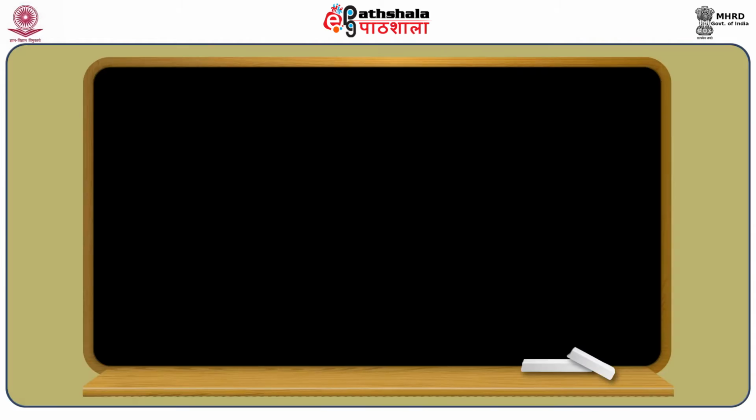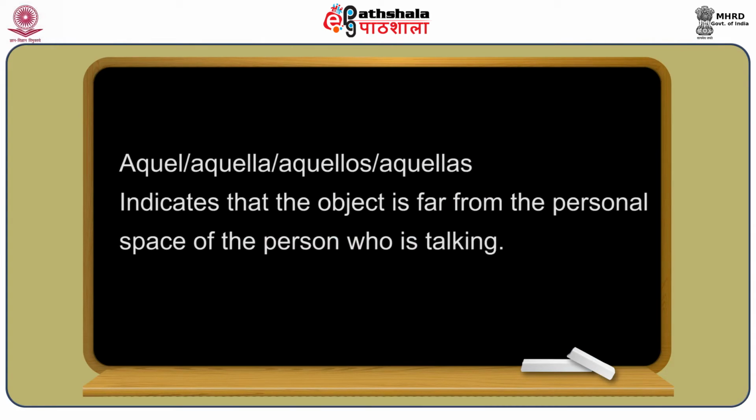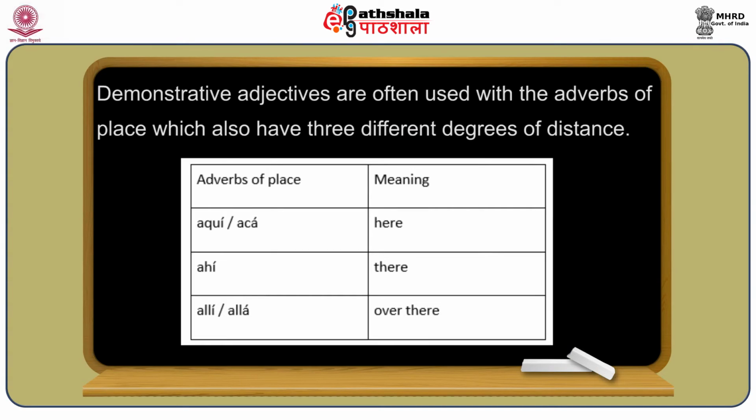And aquel, aquella, aquellos, aquellas meaning those over there, or that, is used to indicate that the object is far from the personal space of the person who is talking. So demonstrative adjectives are often used with the adverbs of place, which also have 3 different degrees of distance.